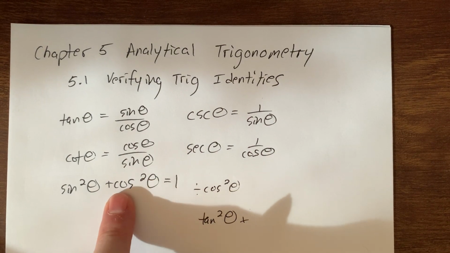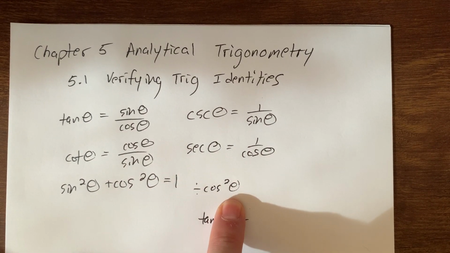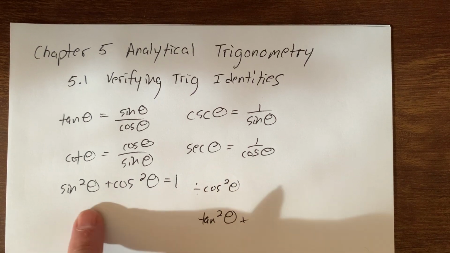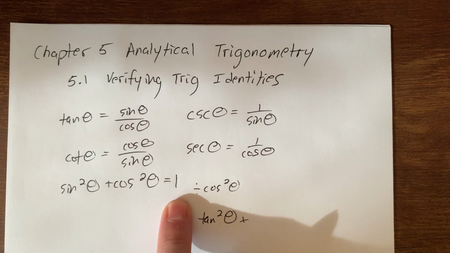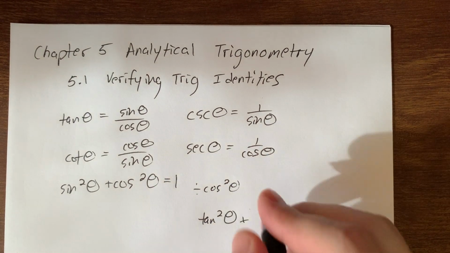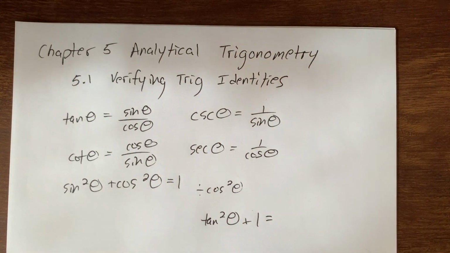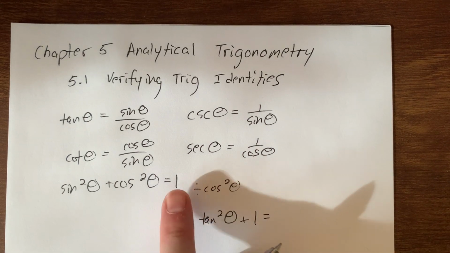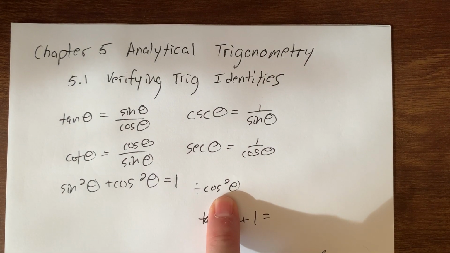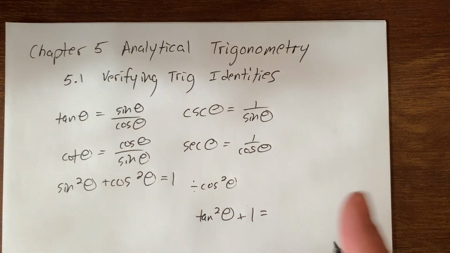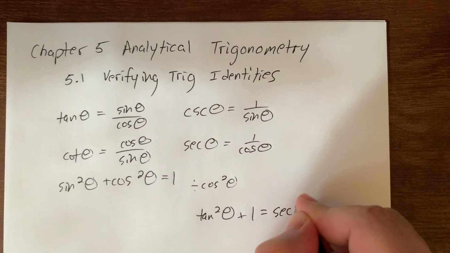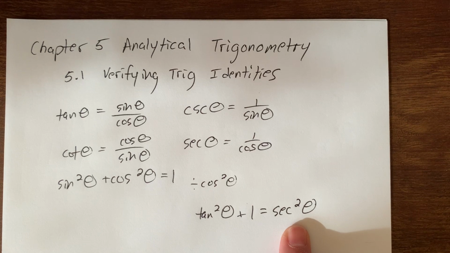Plus, now I'll do cosine squared divided by cosine squared. Remember, I can't just do one piece or one side. I have to do everything in the entire equation. So cosine squared divided by cosine squared just equals 1. And then last, 1 divided by cosine squared. Well, 1 divided by cosine is secant, so 1 divided by cosine squared is secant squared.